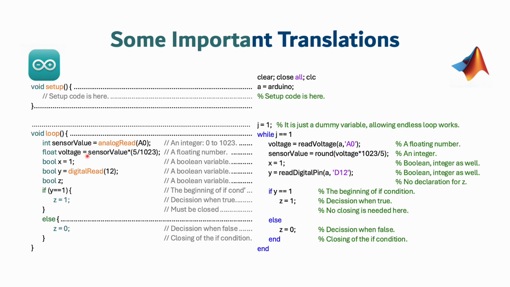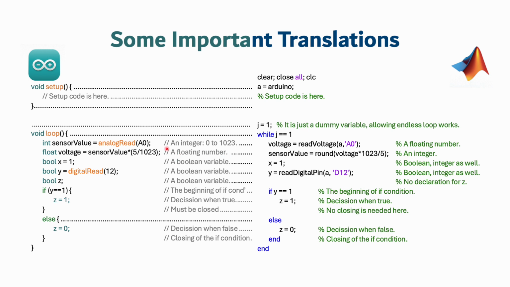But of course, the value of voltage must be based on this mathematical operation: sensor value times 5 over 1023. If the sensor value is the maximum, which is 1023, the voltage will be 5. And remember that this is a floating number.